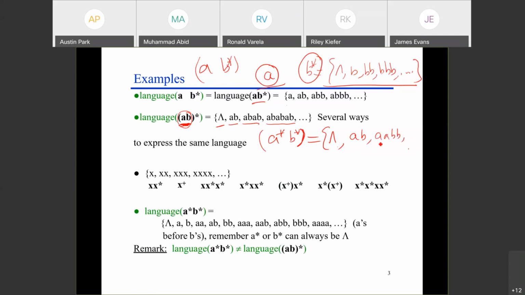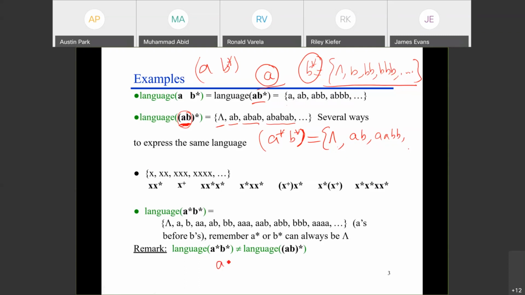Okay. So can we have only A here in this language? Yes, Austin. We will have, yes, because we might get lambda. If you see separately, what is A*?